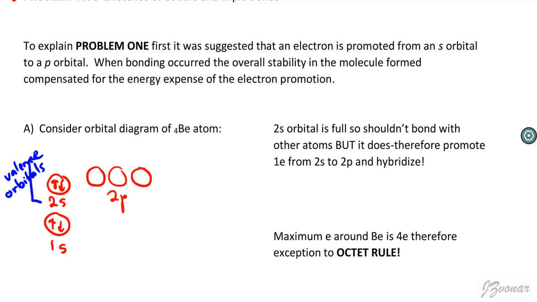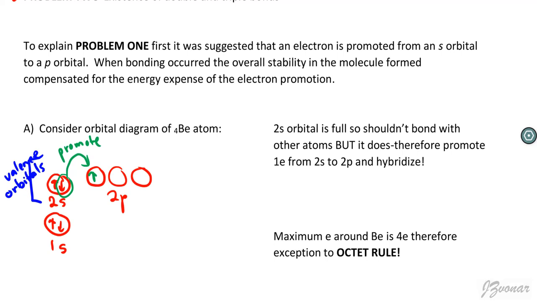They explain this by saying that it is able to promote one of its electrons from the 2s orbital of the valence orbitals to an empty p orbital. There's a promotion. It promotes one electron.